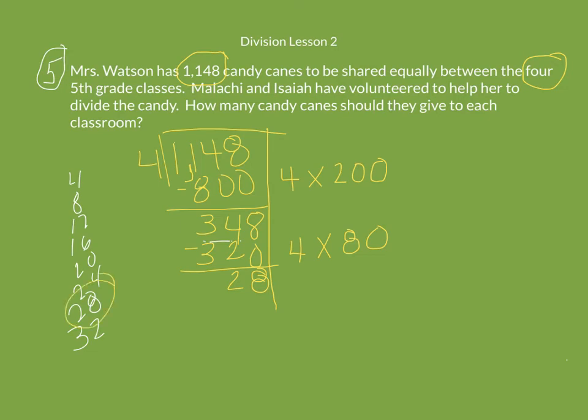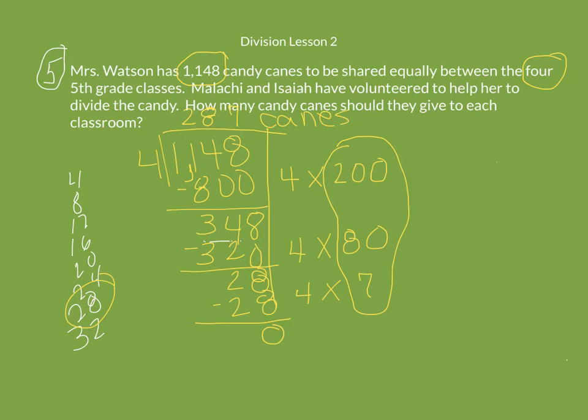So I know that that is 7. So they could give each of the classes 7 more candy canes. So 4 times 7 is 28. Nice. There's no remainder. All the candy canes have been given out. And it looks like each class is going to get 287 candy canes. Whew, that's a lot.